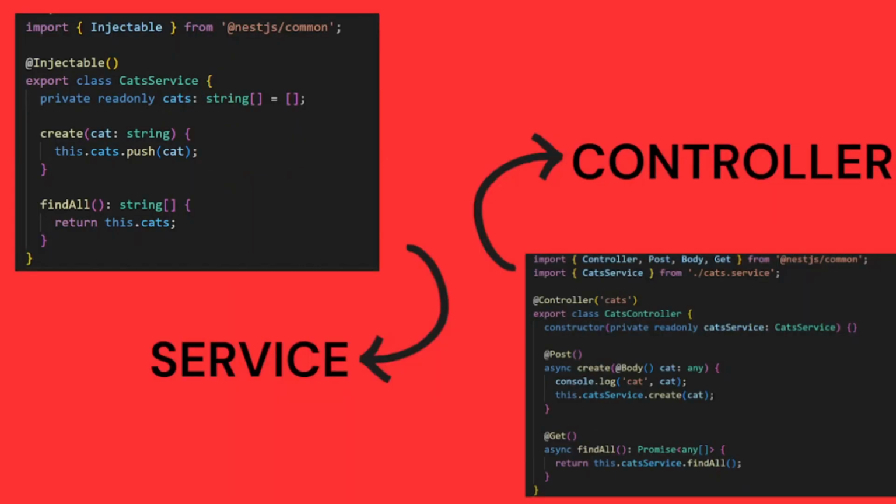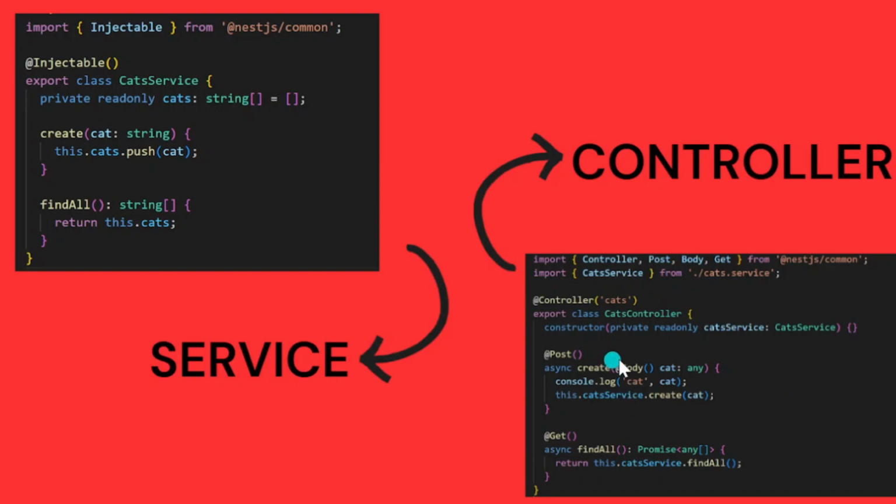We saw this earlier, where we created a service as well as the controller. So let's understand dependency injection a bit better with this example. As I mentioned earlier, dependency injection is a design pattern which is used to implement inversion of control. It allows the creation of dependent objects outside of a class.